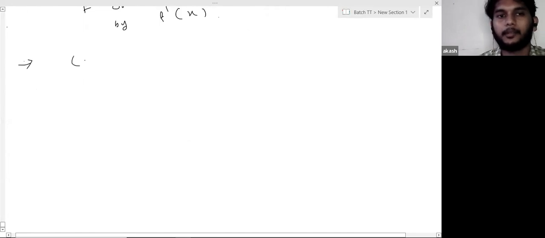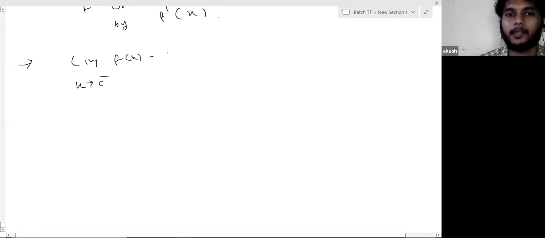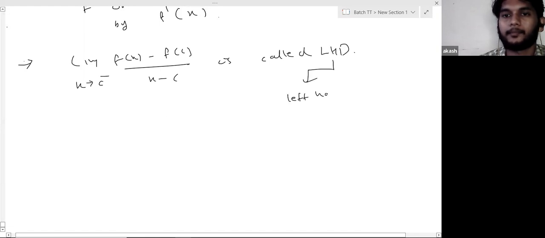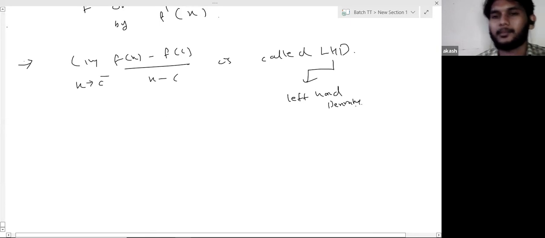So next point, limit x tending to c minus of (f of x minus f of c) upon (x minus c). This is called LHL, left hand limit. But in this case, it is called LHD, left hand derivative. Just a change of name.